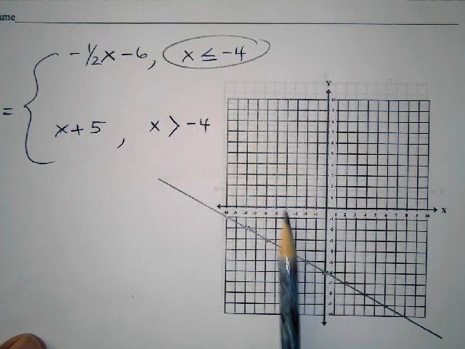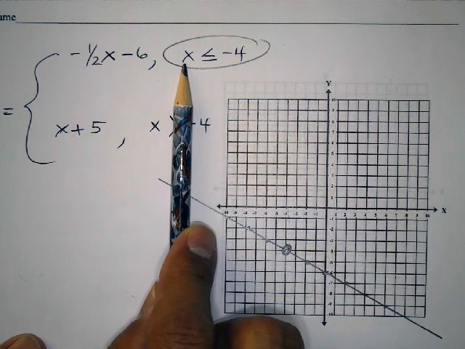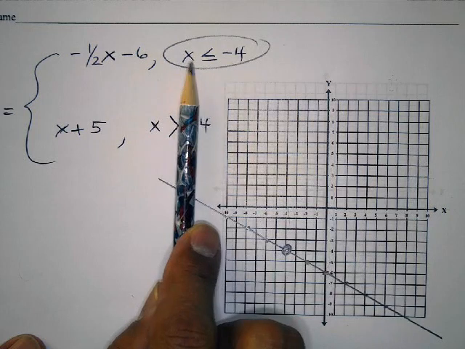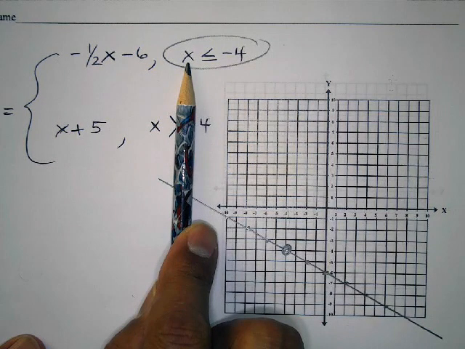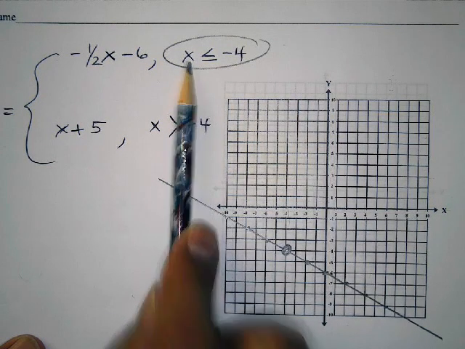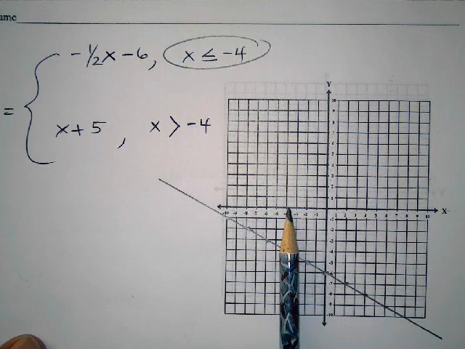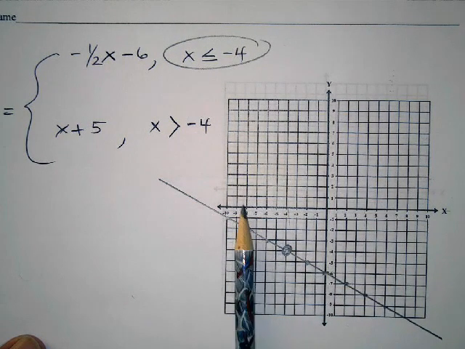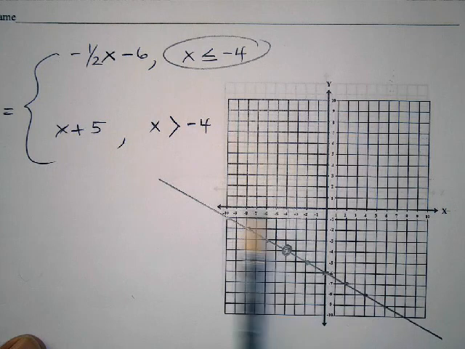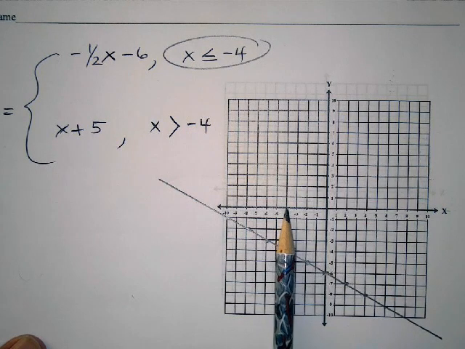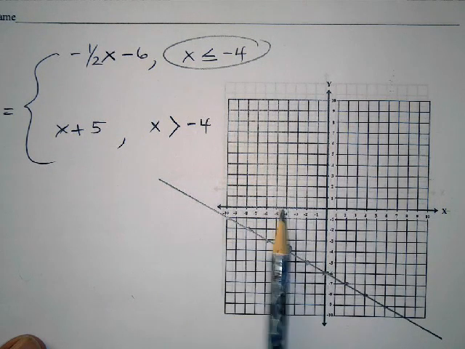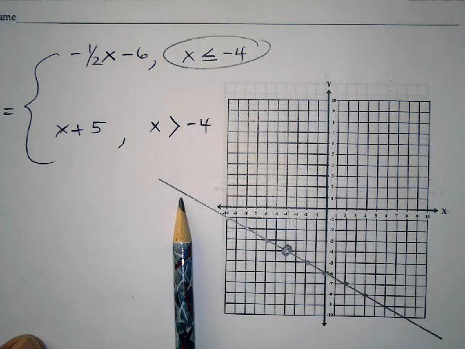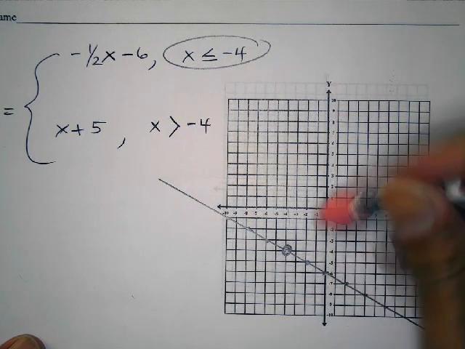Now, for x, -4 is here, and it says that I want the values of x that are less than -4. Here's -4. The values of x that are less than -4 are over here: -5, -6, -7, -8. So all the values of x that are less than -4 are on this side, so I keep this side of the graph.